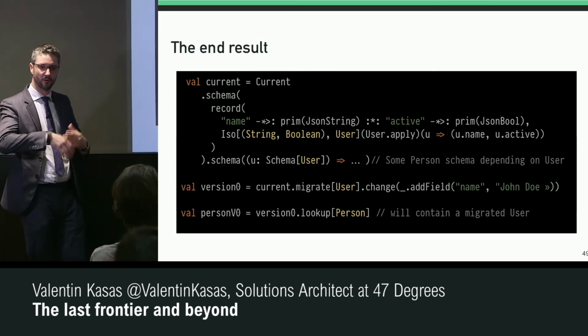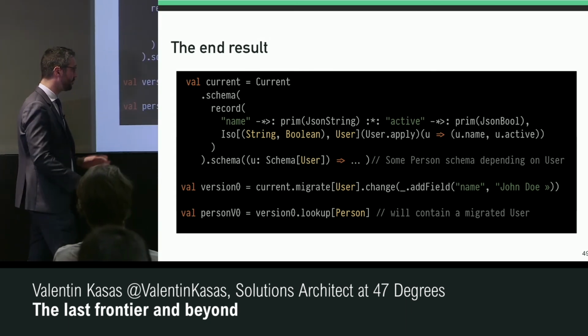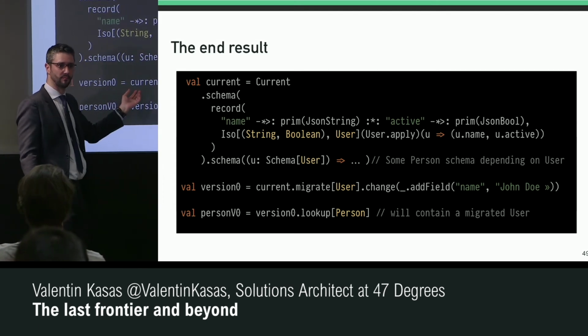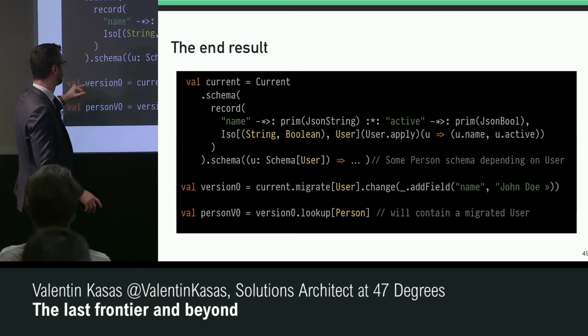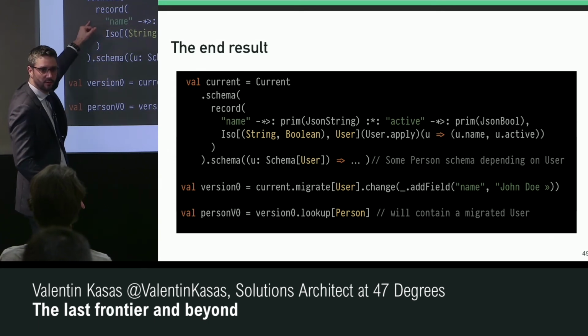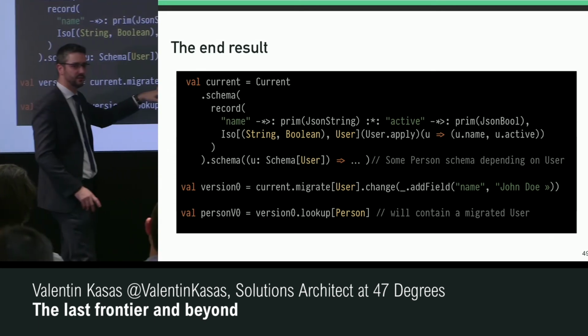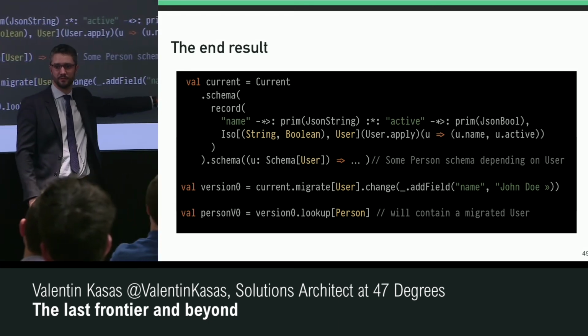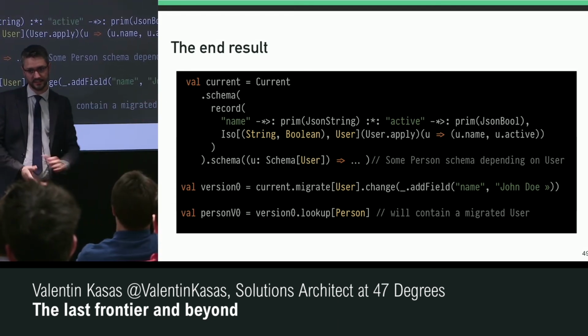And then, for migrations, all you have to do is to say, in the current version, to go from 0 to the current version, what I did is I changed the user type by adding a field called name with default value John Doe. And that's it.